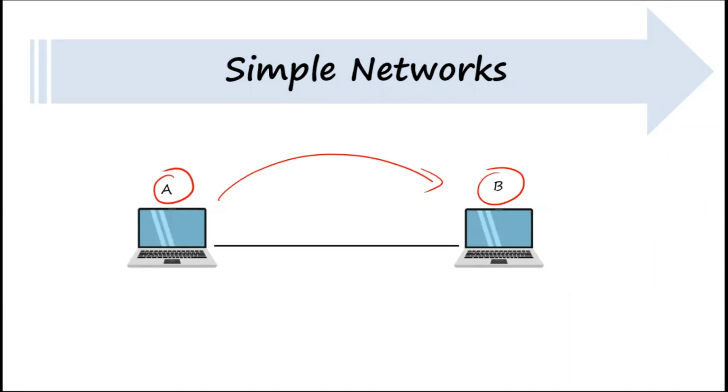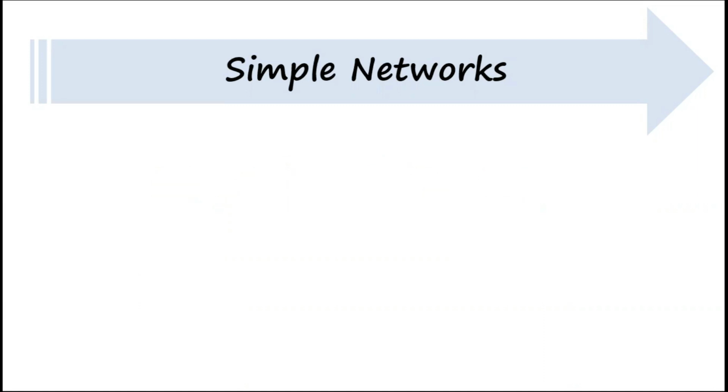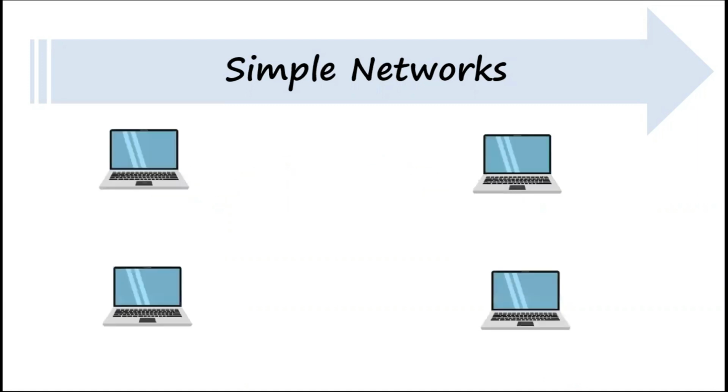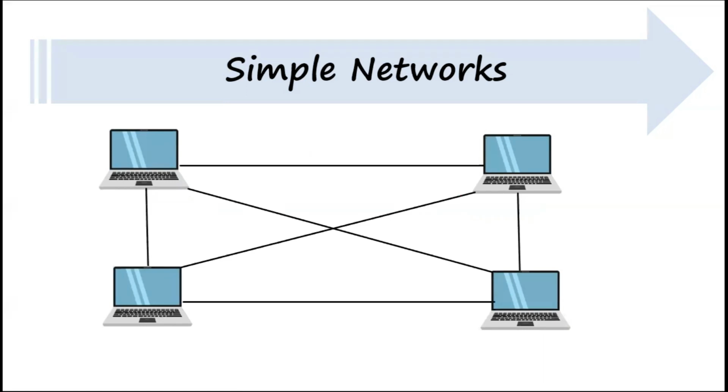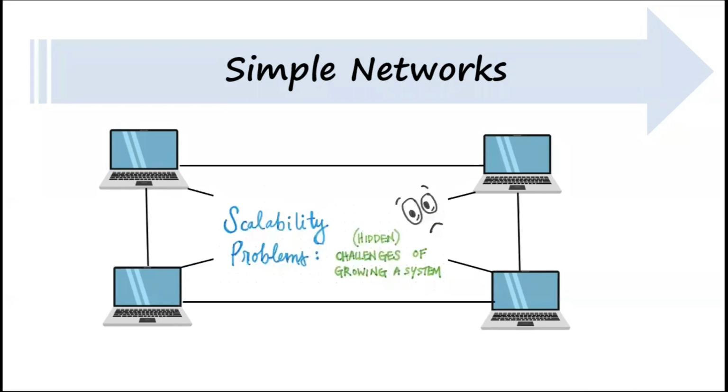Suppose we have four computers with us, and we can simply connect every single computer to every other computer, right? And this is great. Here, every single computer is connected to the other, but there is a very big problem associated with it. This kind of setup is not scalable. What is scalability?